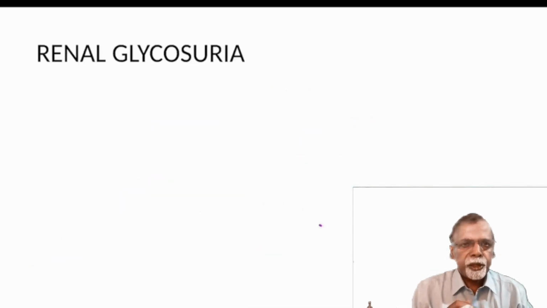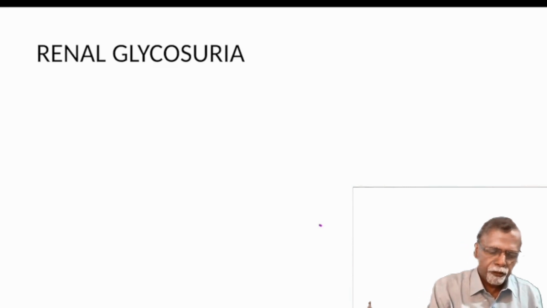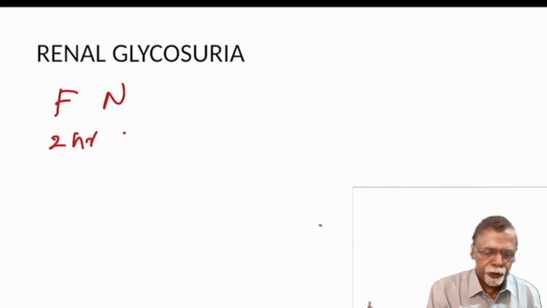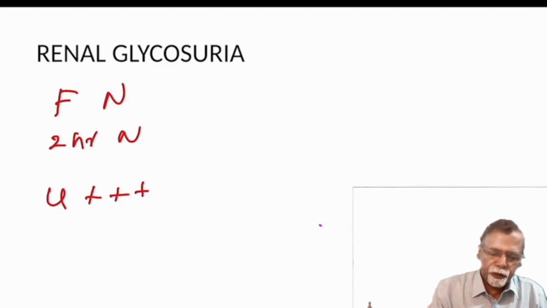Then one more situation is renal glycosuria. In renal glycosuria, the fasting sugar is normal, the 2 hour sugar is normal, but the urine shows sugar in many samples. If you plot the graph, it will be like this.